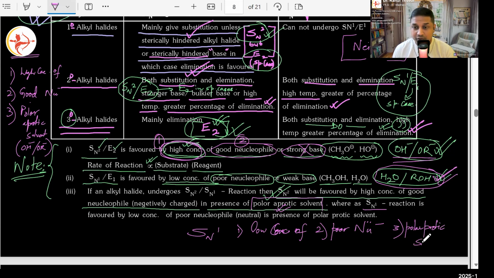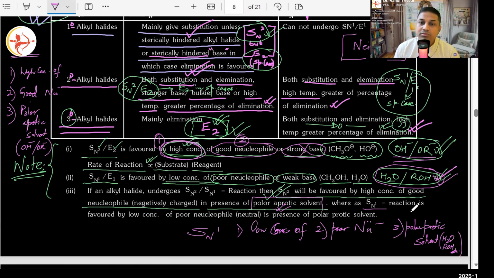Polar protic solvent. An example, your water or alcohol, etc. Why am I giving these two examples? Easy to remember. Yes, this completes all the details about where what will happen.